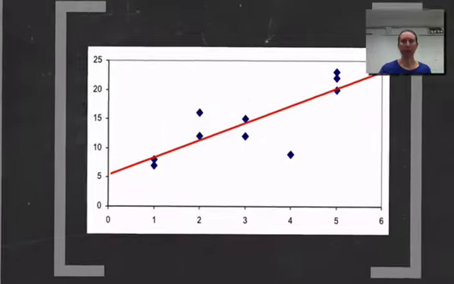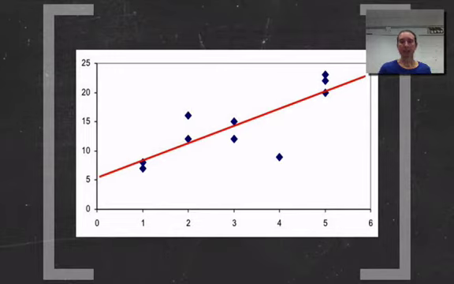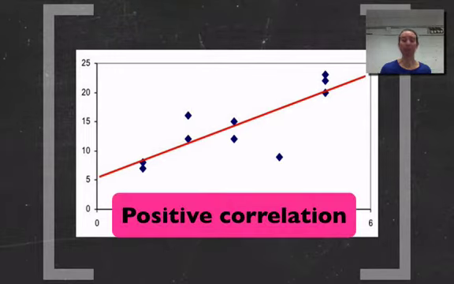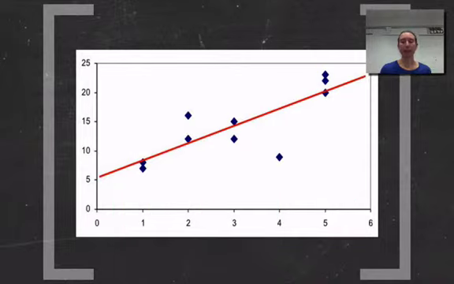Whenever we're considering the correlation between two variables, we can think about, is there a positive relationship, a negative relationship, or really no relationship? For instance, this graph depicts a positive relationship between two variables. We see that as the values go up on the x-axis, they also go up on the y-axis.